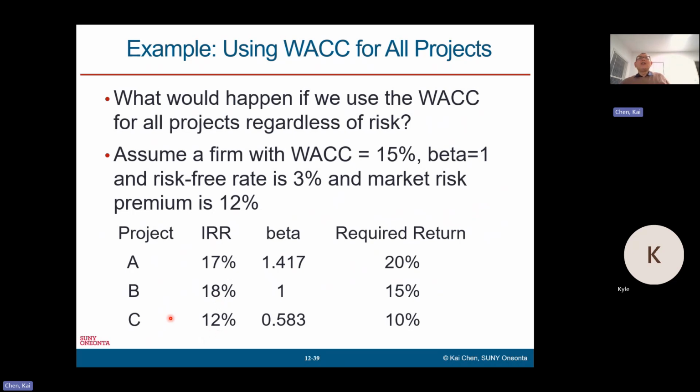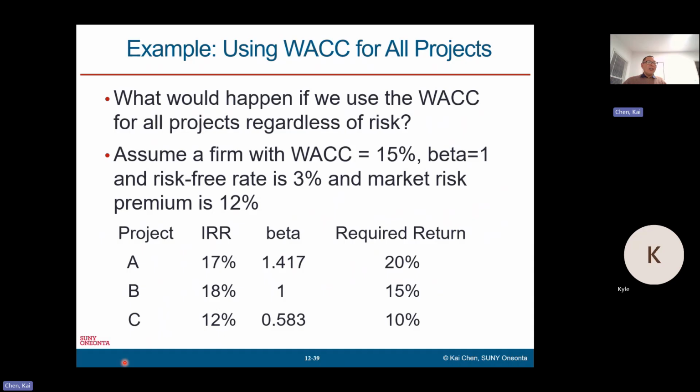Now first of all, let's assume these 3 projects have the same level of risk as the risk of total assets. Then in this case, we can use WACC as a discount rate, right? Or as the required rate of return, because each project A, B, C has the same risk as the total assets that are operating right now.